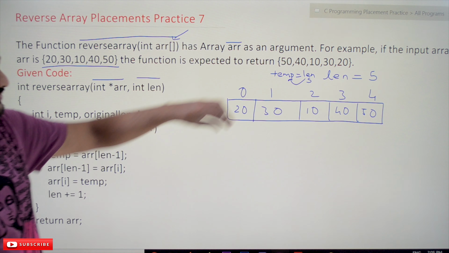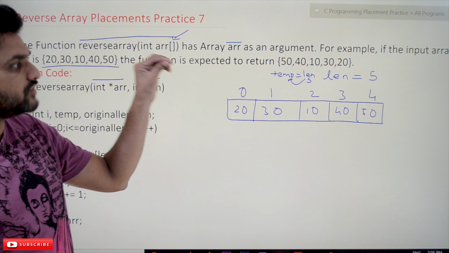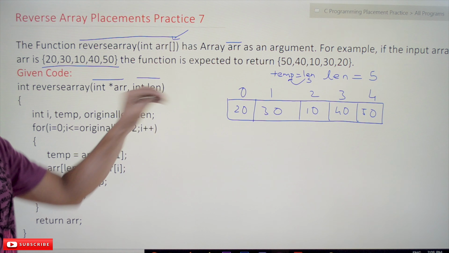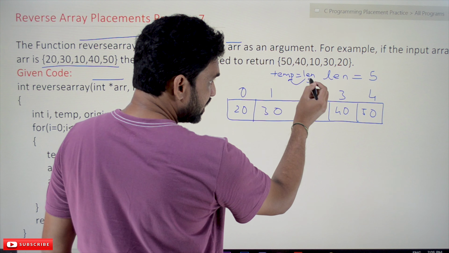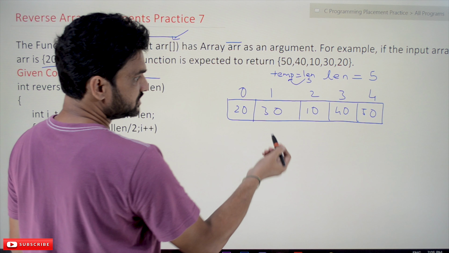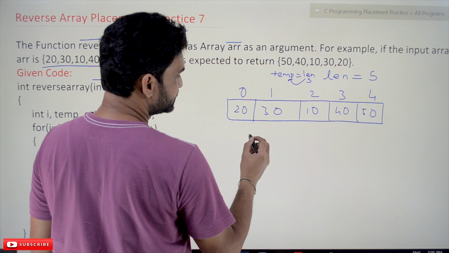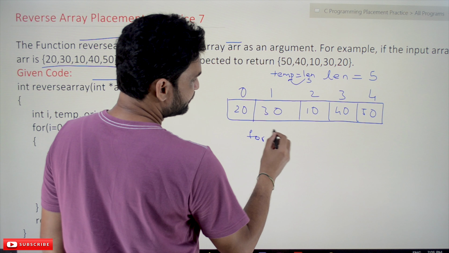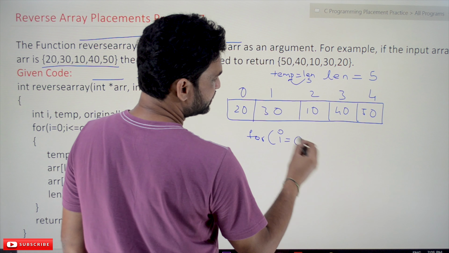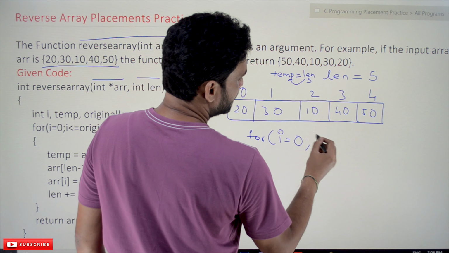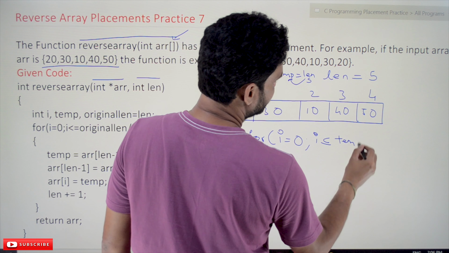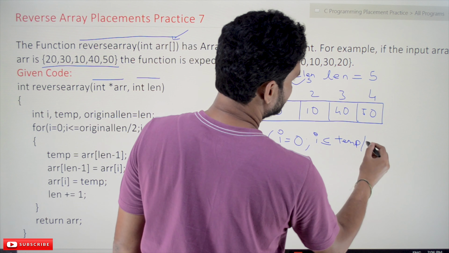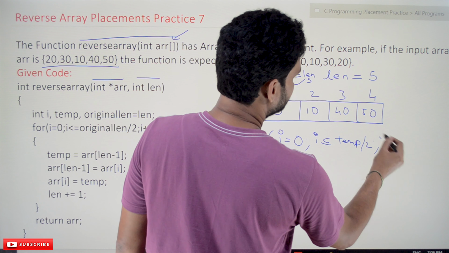Now, to reverse the elements of the array, the logic is, first we will take half the length of the array. We are going to take a for loop, and it is going to iterate for I less than or equal to temp by 2 and I plus plus.